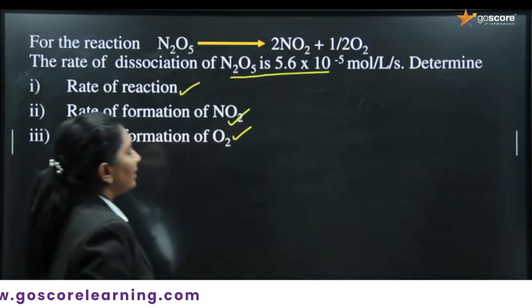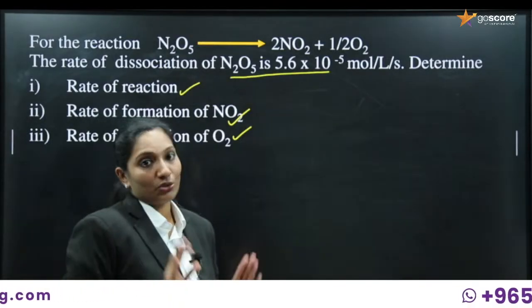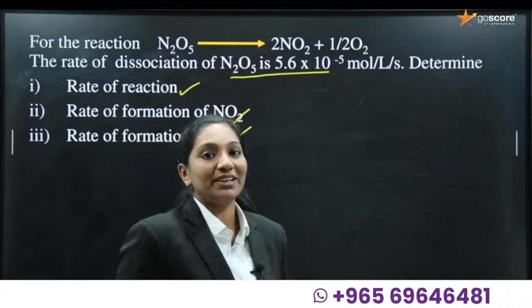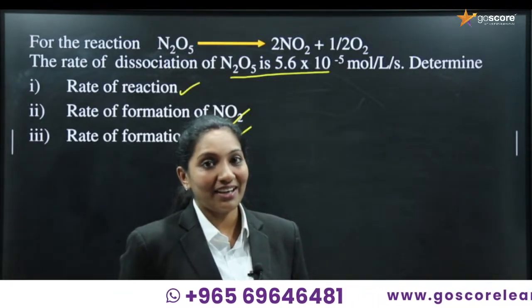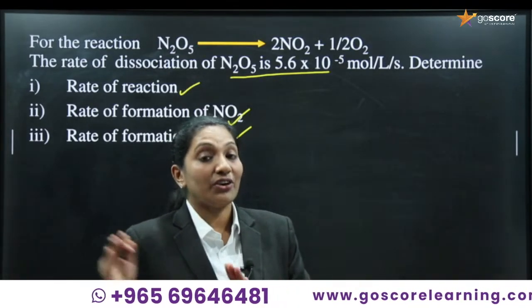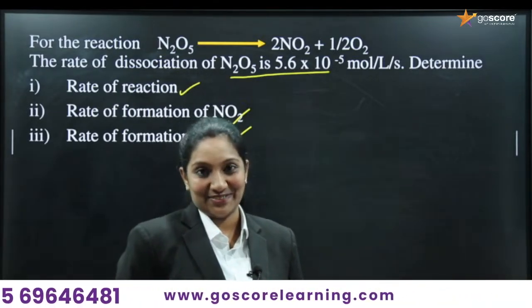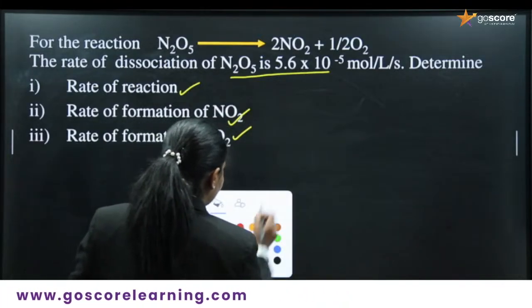See how we can write the rate. Before writing the rate of the reaction, check whether there is a stoichiometric coefficient or not. If there is a stoichiometric coefficient, you have to take the reciprocal of that. And while you are writing the rate in terms of reactant, you have to put a negative.